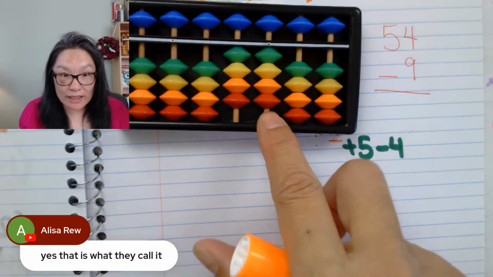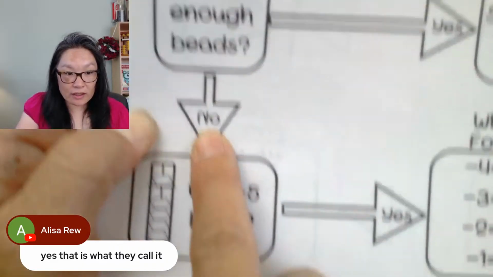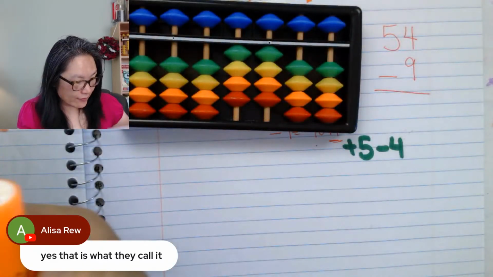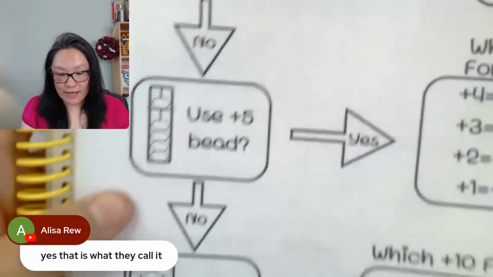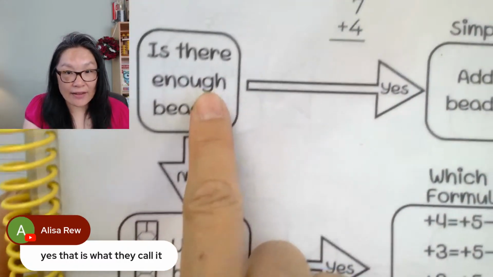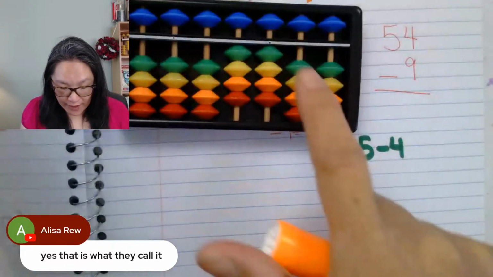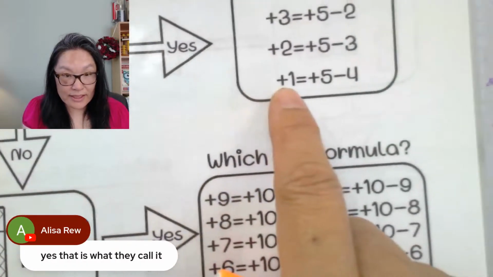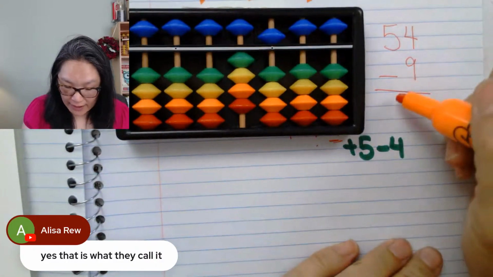Now I have to plus the 1. Can I add the 1? No, I can't. So I go down here. Can I add the 5? Yes, I can add the 5. Add 1 is plus the 5 minus the 4. My final answer is 45.